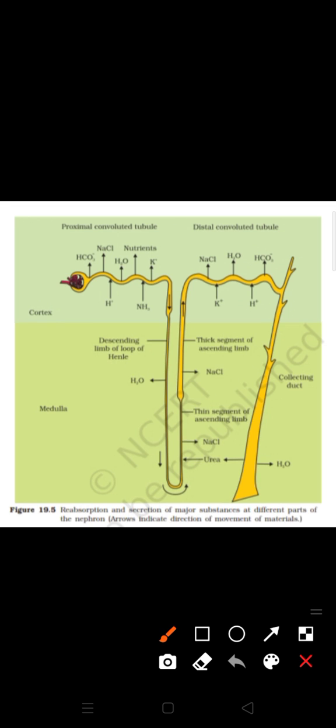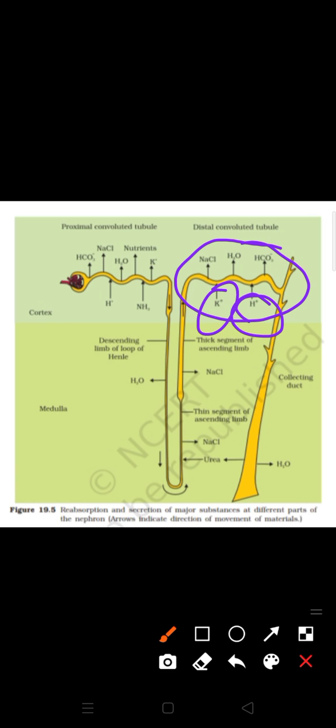Now come to the distal convoluted tubule. I hope you are getting all the things. DCT reabsorbs potassium ion and water in this segment. It is also capable of reabsorption of HCO3. There is very selective secretion of potassium ion as well as hydrogen ion.